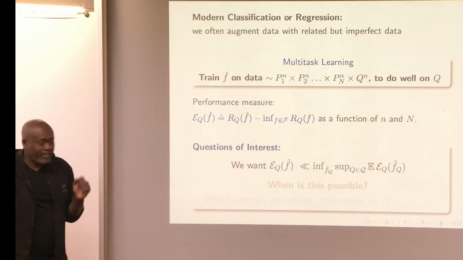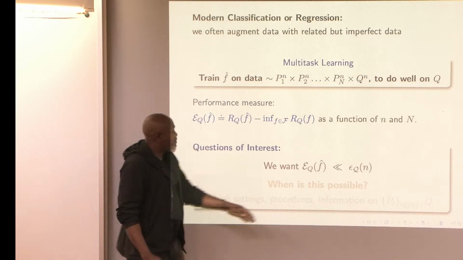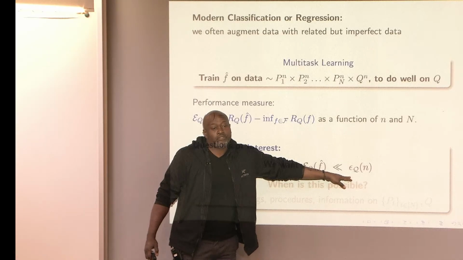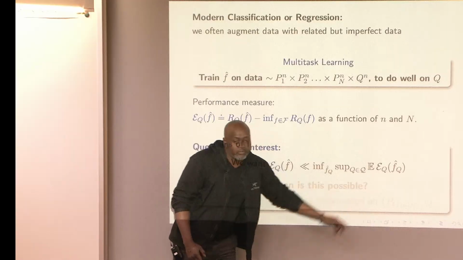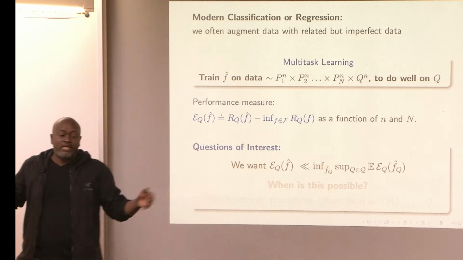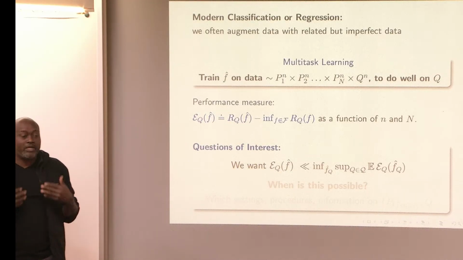Clear, everyone? And can I beat it? For simplicity, I'm just going to write it as epsilon_Q(n), where script Q is the class of distributions I'm allowing myself to assume under Q.